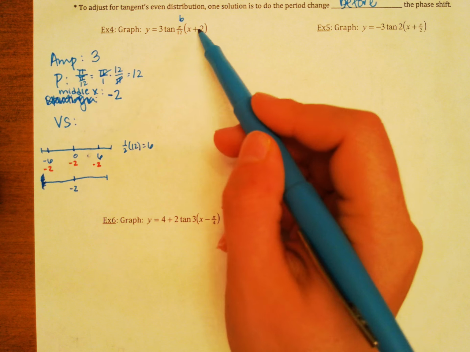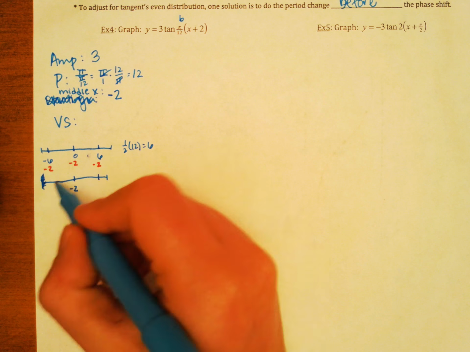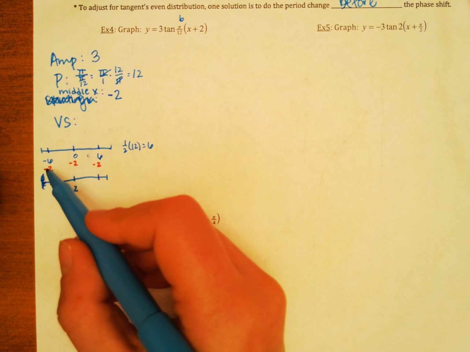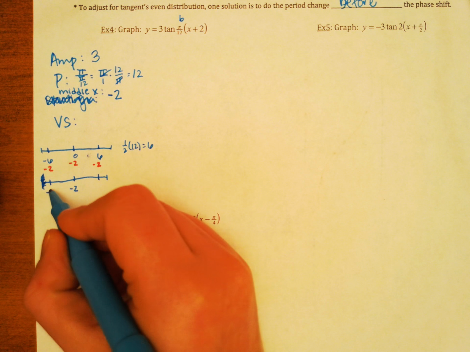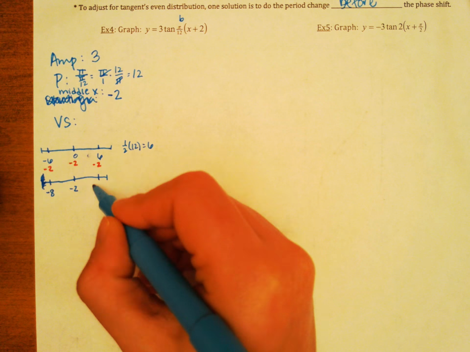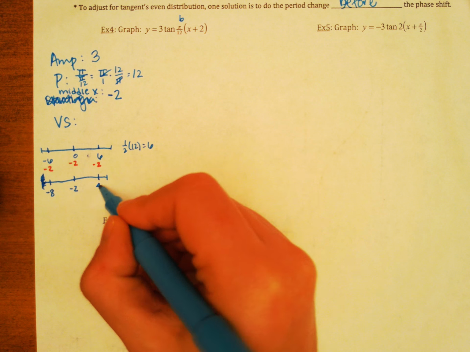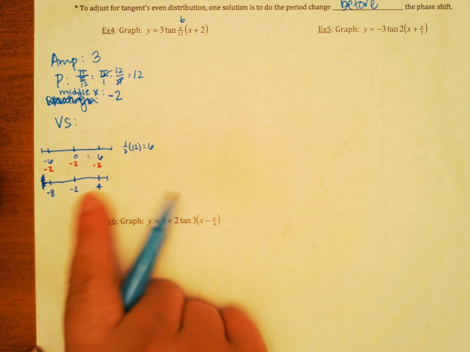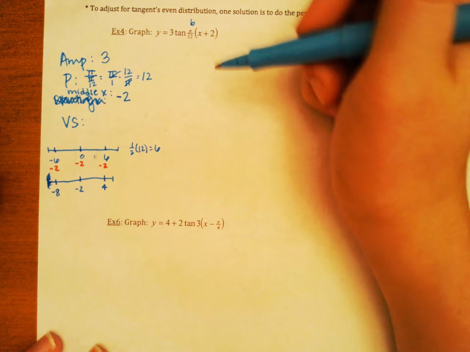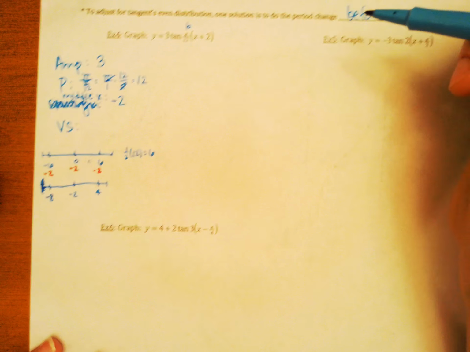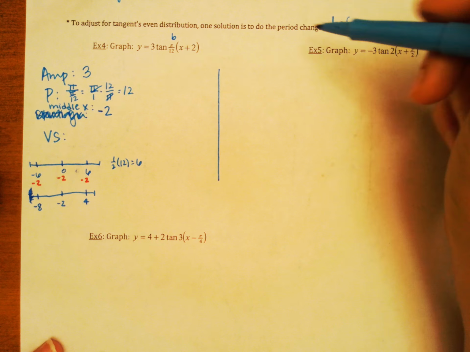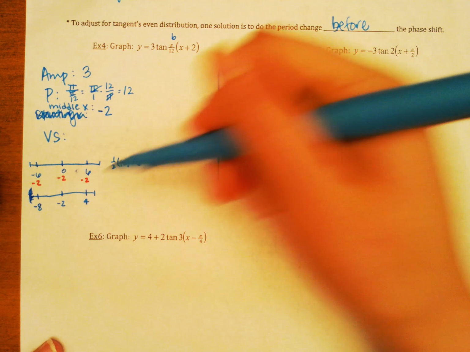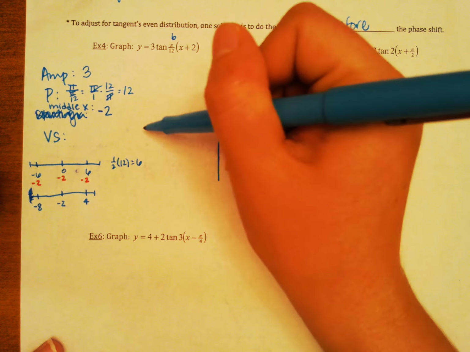That's my phase shift here. But my other critical values, I'll have -6 minus 2, which is going to be -8, and then +6 minus 2, which is going to be +4. So that's actually my critical values that I want to put on my real x-axis. So before I actually draw my graph, we want to do the period change, figure that out, and then figure out our phase shift from there.